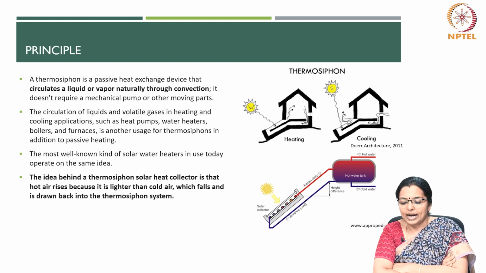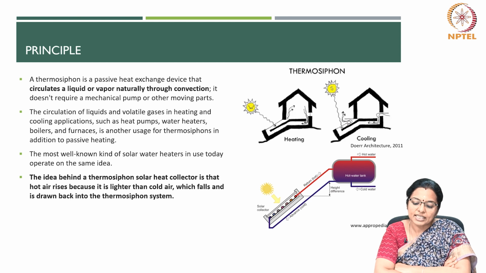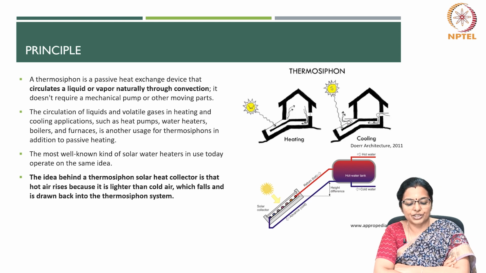Let us look at the principle of thermosiphon in our context. A thermosiphon is a passive heat exchange device that circulates a liquid or vapor naturally through convection. It does not require a mechanical pump or other moving parts.